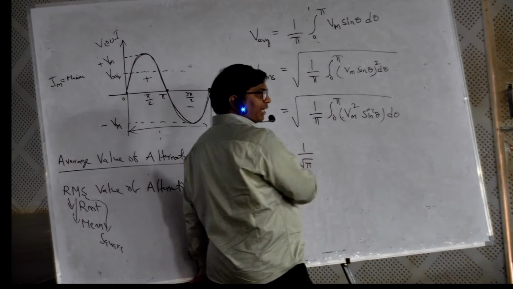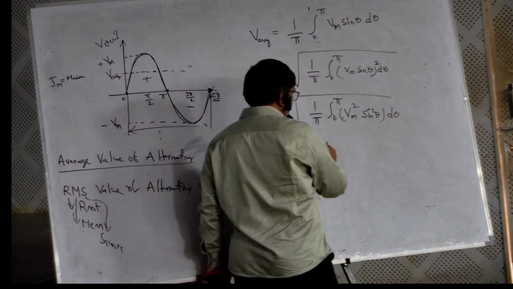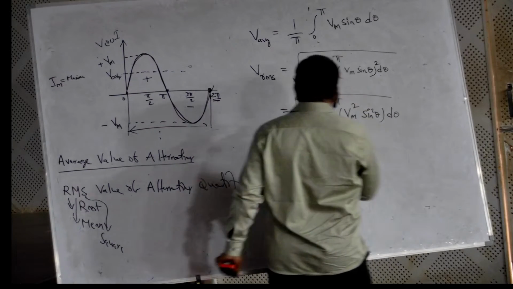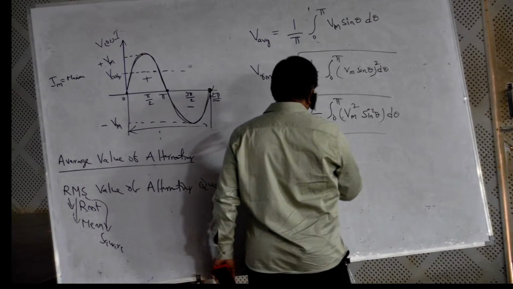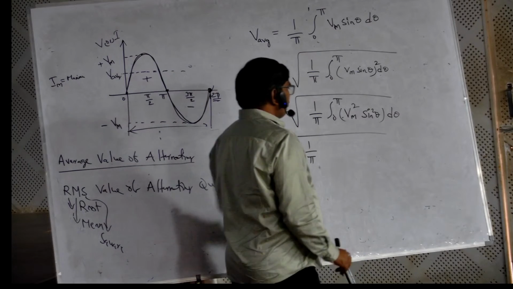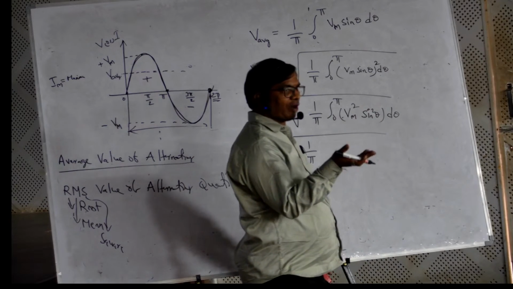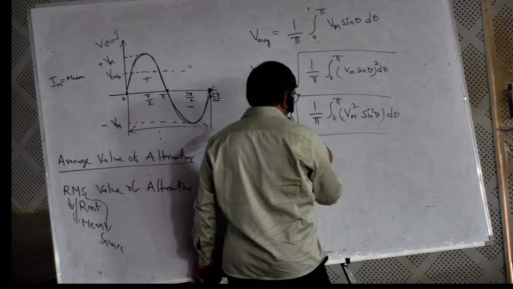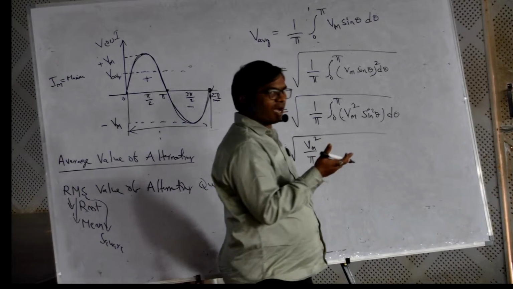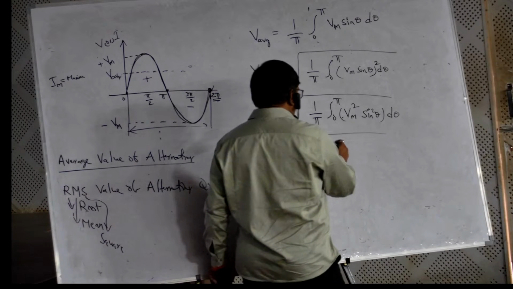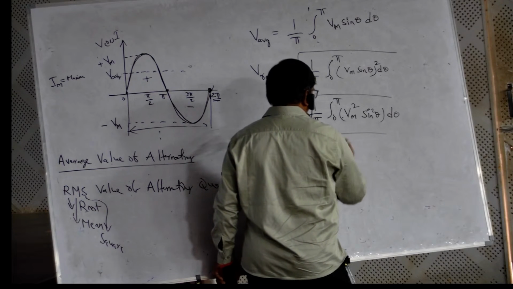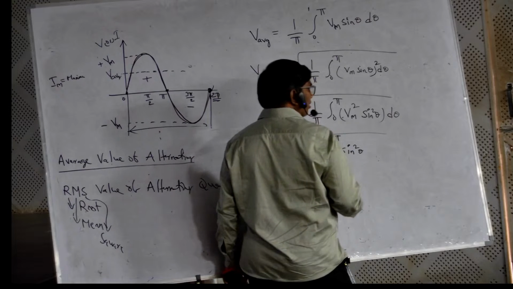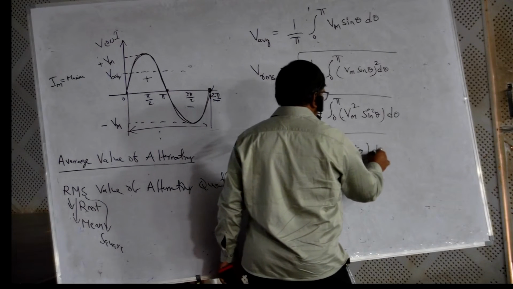Otherwise, if you feel difficulty, Vm square is a constant, so we can bring it out of the integration. So integral 0 to pi sine square theta d theta.